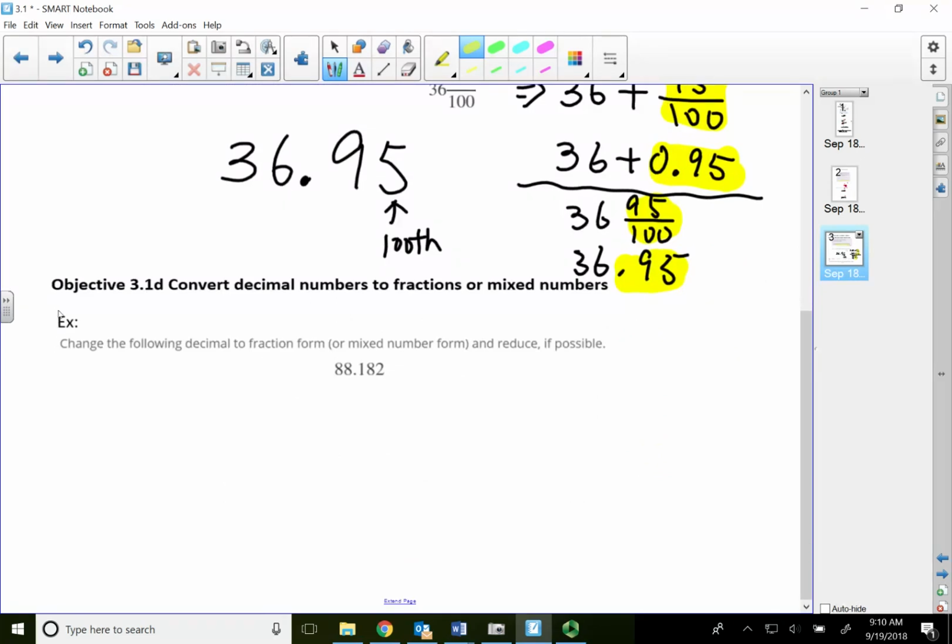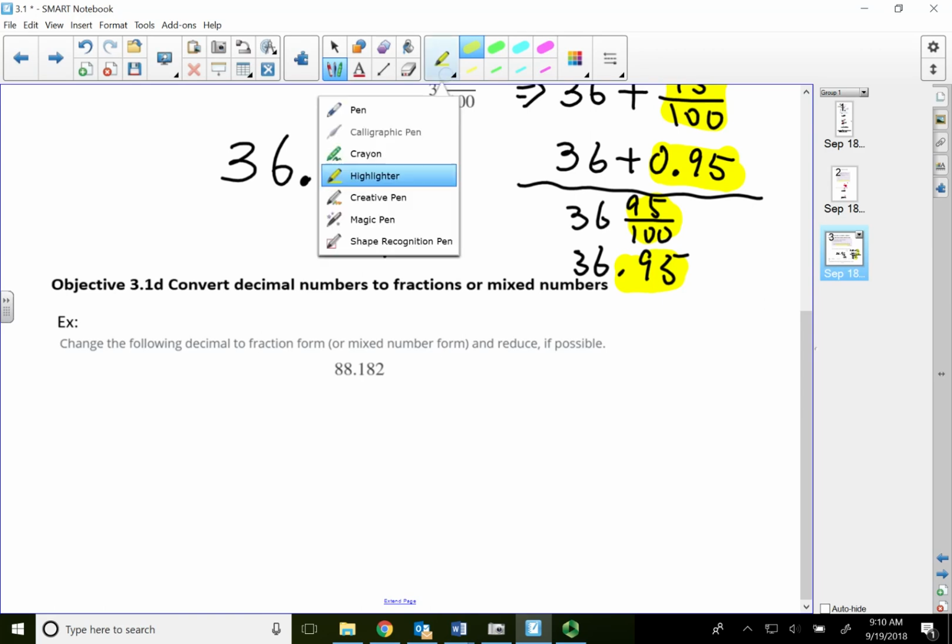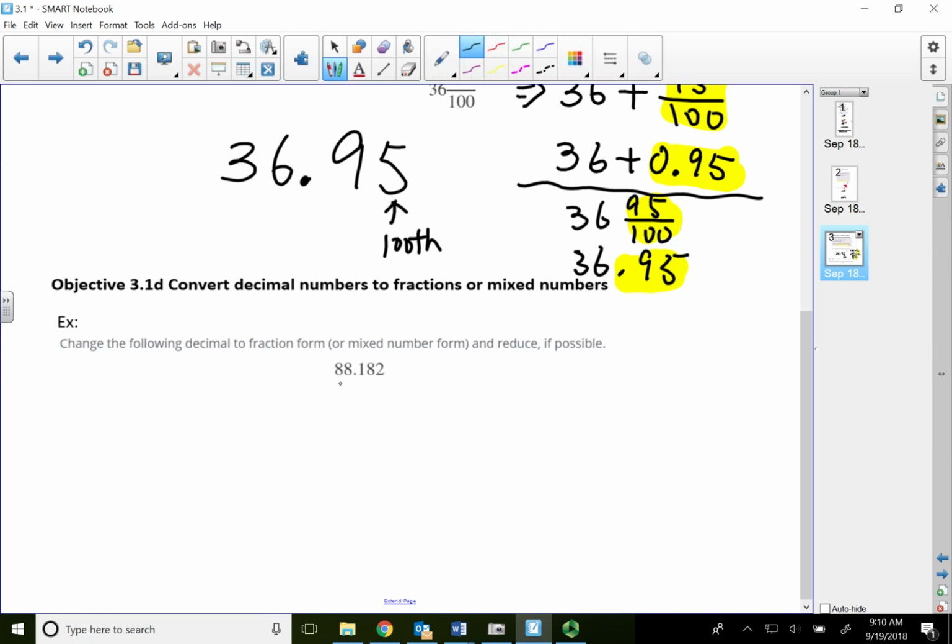All right. So let's do this vice versa. Let's read this decimal properly. Once we read it properly, I can automatically write a mixed number. So 88 is the whole number. 88, decimal is "and", 182.